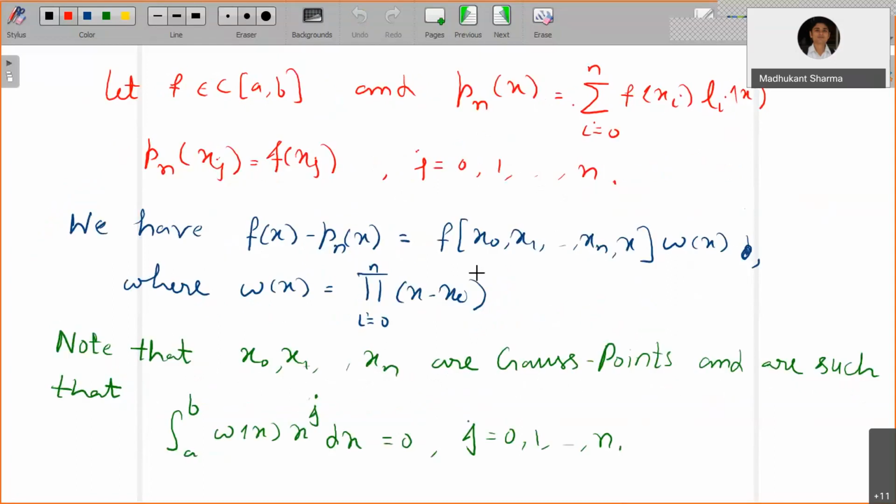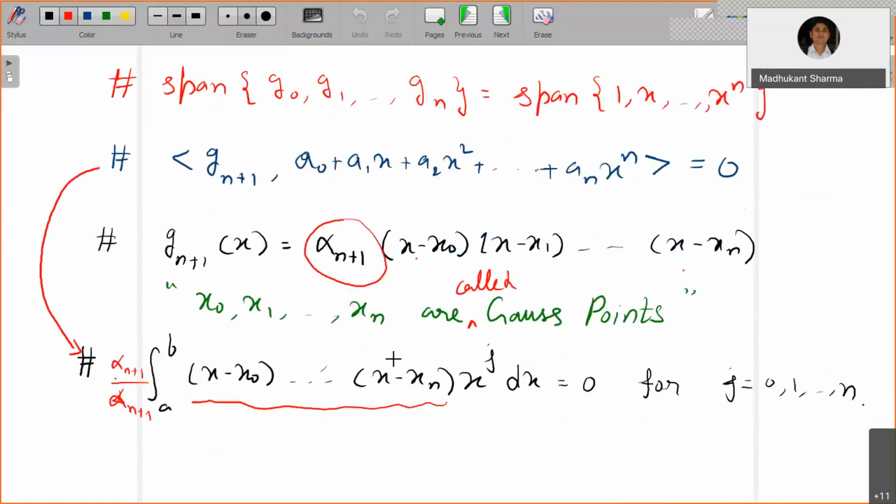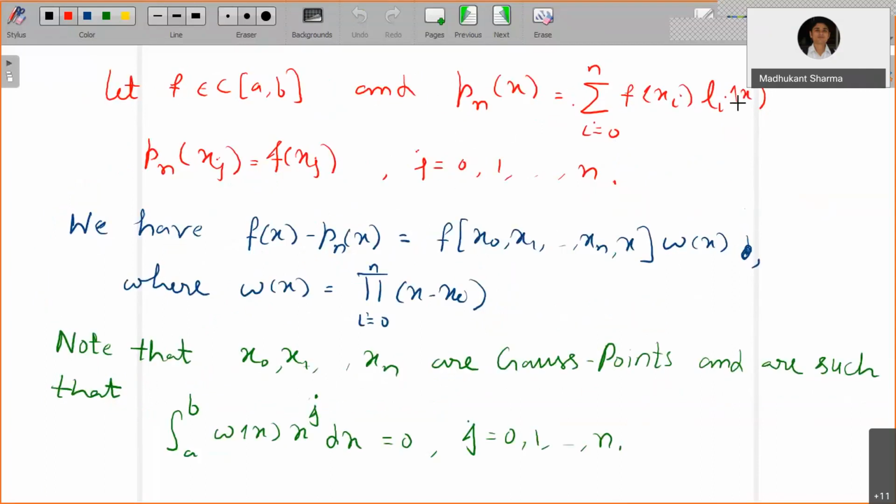If you use this, then we are now going to define the Gaussian quadrature rule. So these x0, x1, x2, up to xn are called Gauss points. Using these n plus 1 points, we are going to write the interpolating polynomial of degree less than or equal to n, because n plus 1 points lead to an interpolating polynomial of degree less than or equal to n. You can write it in the Lagrange representation, or you can go for Newton's.